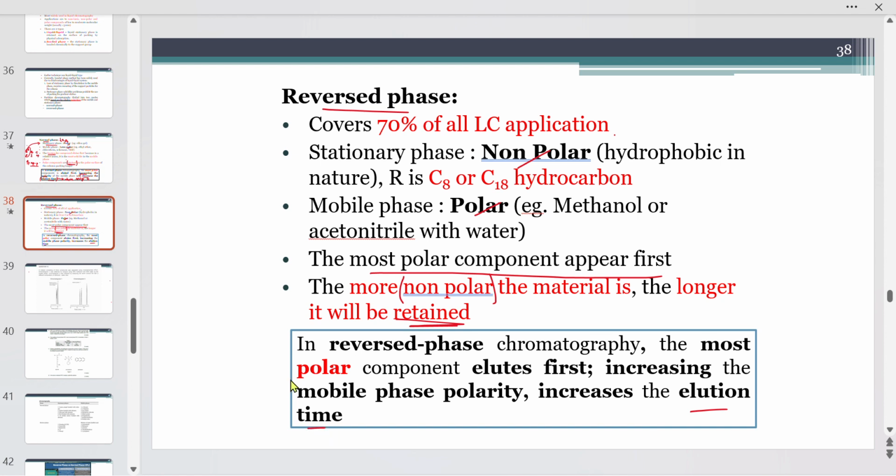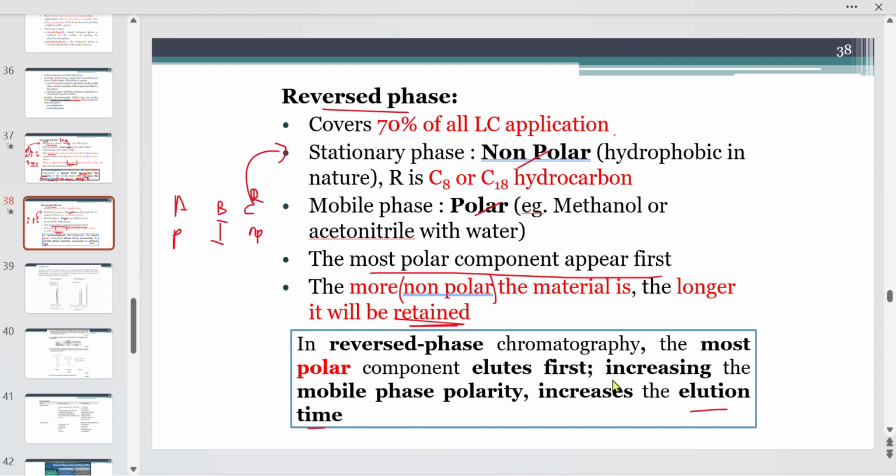So in reverse phase chromatography, let's say you have analyte A, analyte B, and analyte C, same as before. Analyte A is the most polar, analyte C is the non-polar, analyte B is the intermediate. So if you are using reverse phase analysis, the non-polar analyte will retain together with the stationary phase.